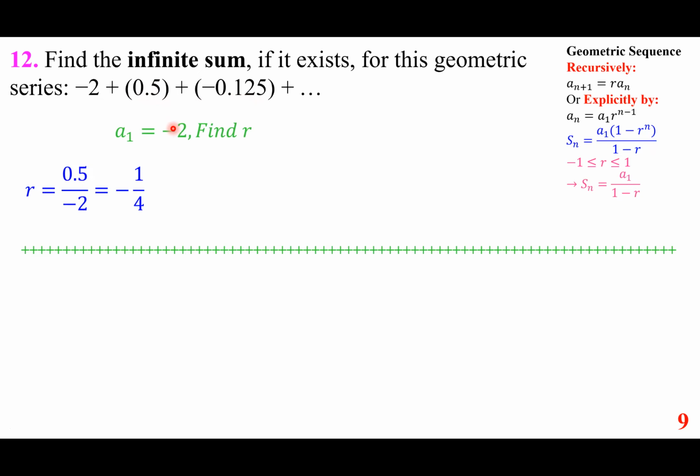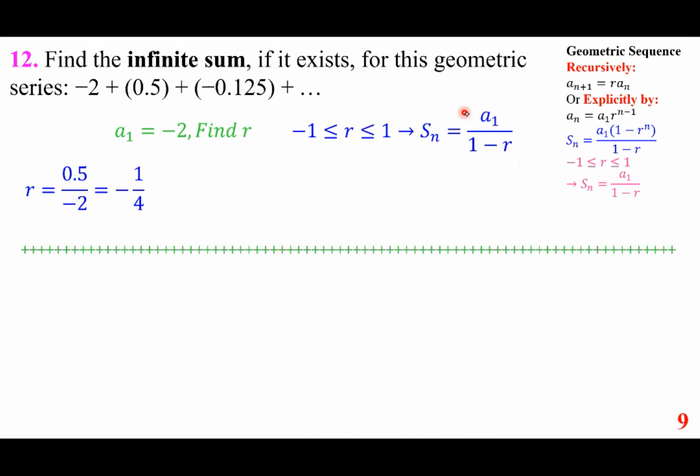And I highly recommend you do both just to be on the safe side, making sure you haven't made a mistake. Now, R is between negative 1 and 1. When R is between negative 1 and 1, R to the power of n goes to 0 as n gets larger and larger, goes to infinity. And so we have this expression, and again, in some cases, they just call this A. So putting it into this will give us the infinite sum.